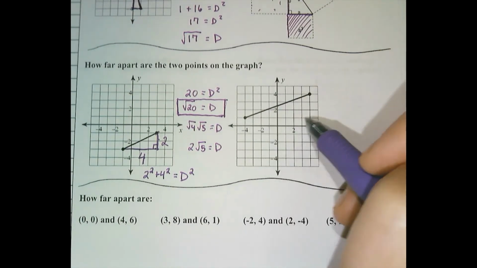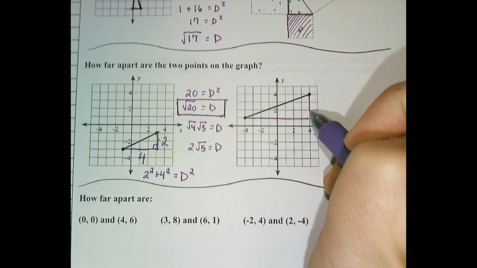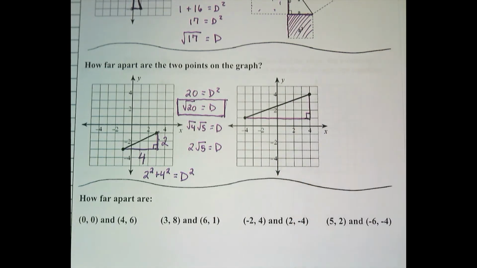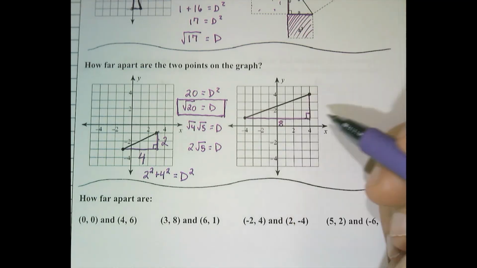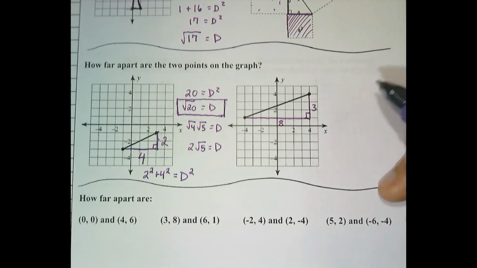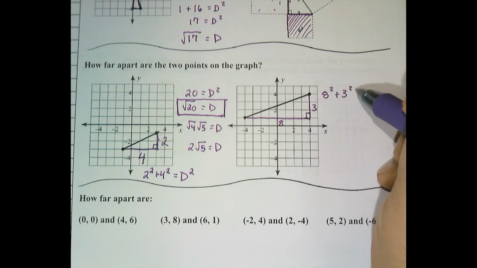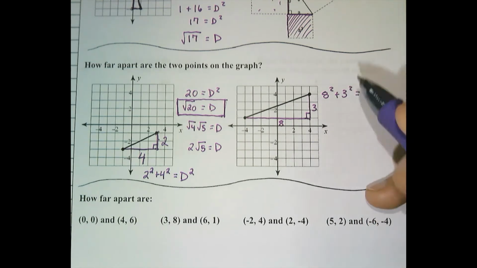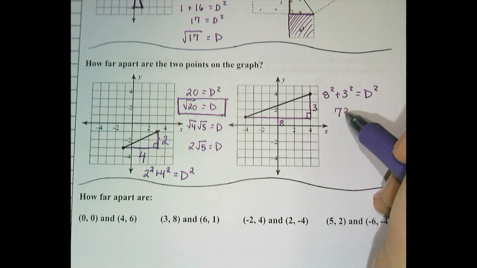Next up, we have another triangle here, and we want to find the distance between the 2 points. So let's turn it into a triangle and count squares. 4 to negative 4 is 8 units, and 1 to 4 is 3 units. So we can set up 8 squared plus 3 squared equals distance squared. 64 plus 9 is 73.